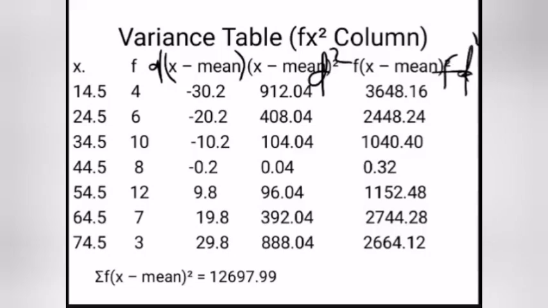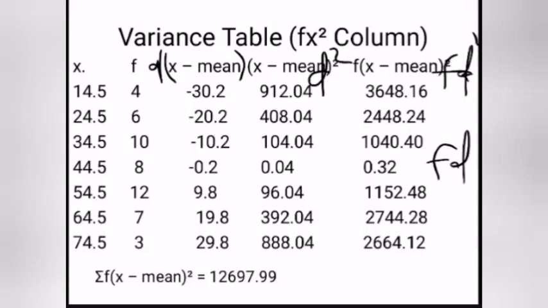you have another table. You don't need all this table. You just have another table of fd. So you just have 4 times minus 30, 6 times minus 20.2, 10 times this, 8 times this. Like have another table and name it fd.